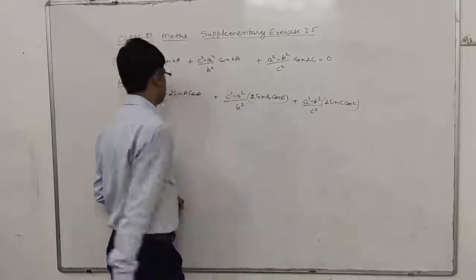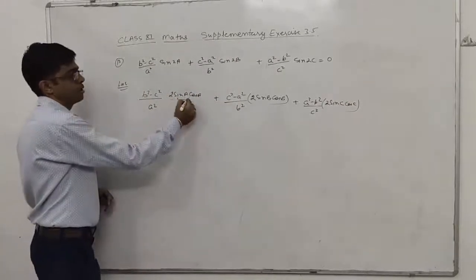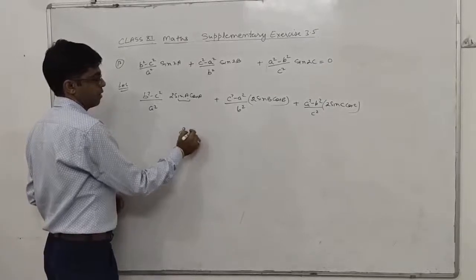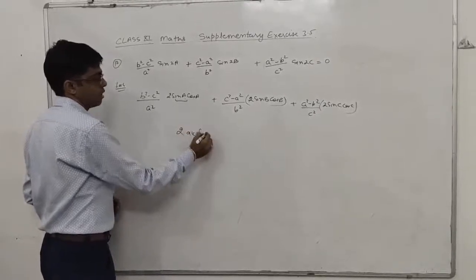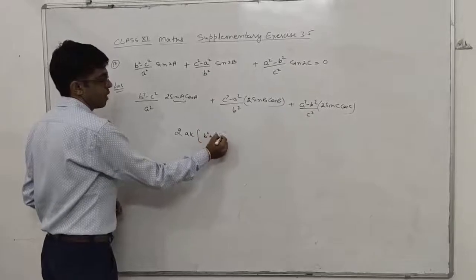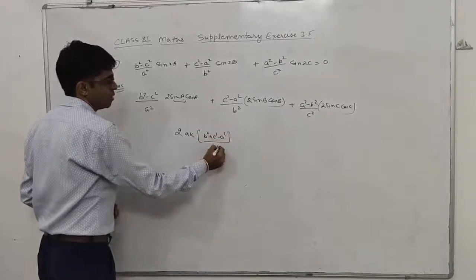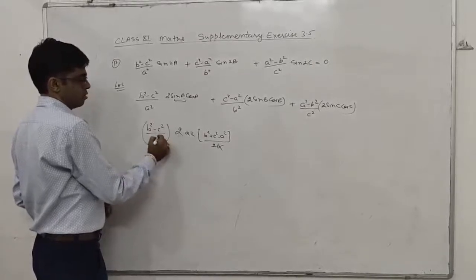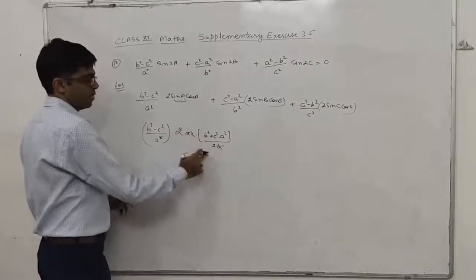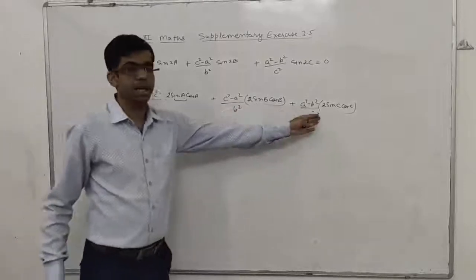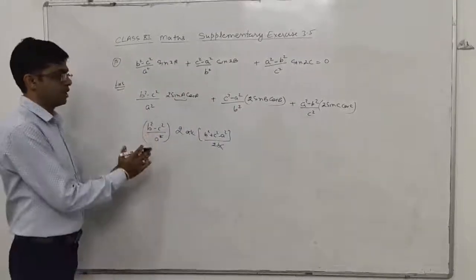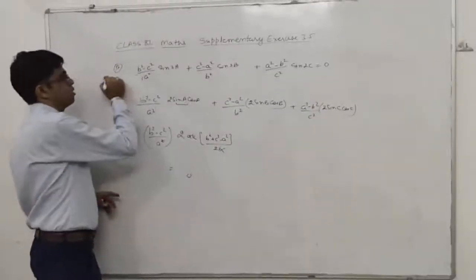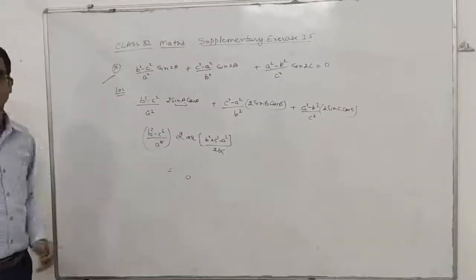After this, put the value of sin a using the sine formula, which is k times a, and cos a is b square plus c square minus a square upon 2bc. Likewise, the powers will cancel out, and 2abc will come in the denominator of each and every term. Simplify the numerator and when you add, you will get the result 0. The remaining part you have to do yourself.